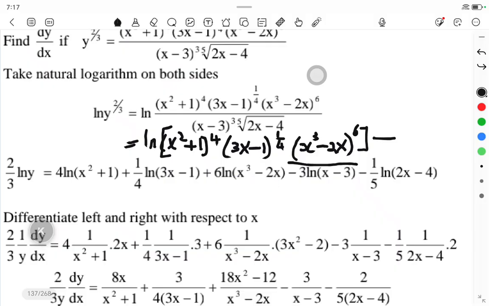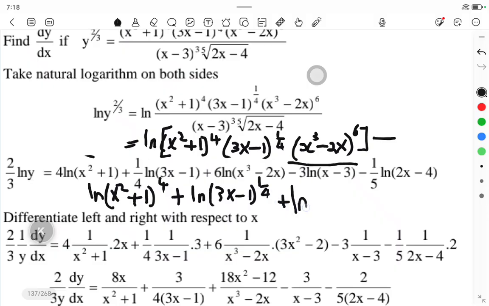Then using that property, this will be ln of (x squared plus 1) to the 4 plus ln of (3x minus 1) to the 1 over 4 plus ln of (x to the 3 minus 2x) to the 6.